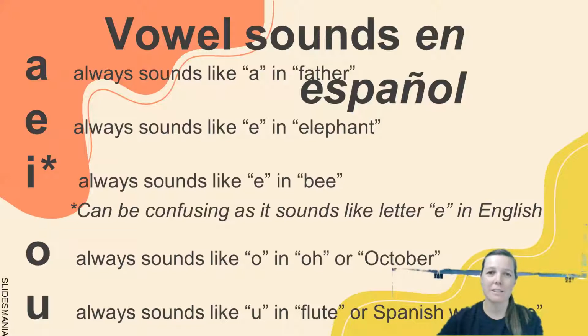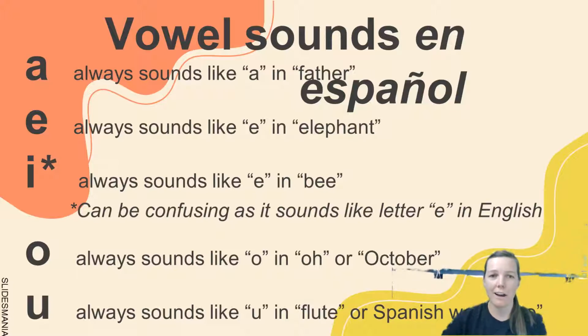So the vowel sounds in español, A, E, I, O, U. So the A is always like the A in father. The E always sounds like the E, letter E, in elephant.